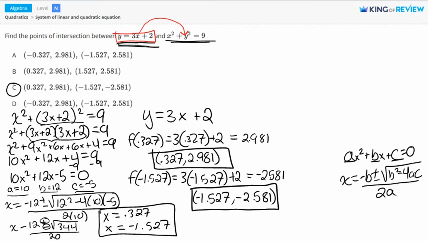So this first equation here, y equals 3x plus 2, we know that this is a line because it is in the form y equals mx plus b. This is slope-intercept form. So we know it's a line that crosses the y-axis at 2 and has a slope of 3. So let's plot that.